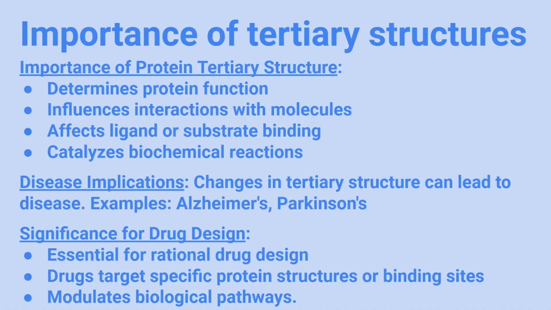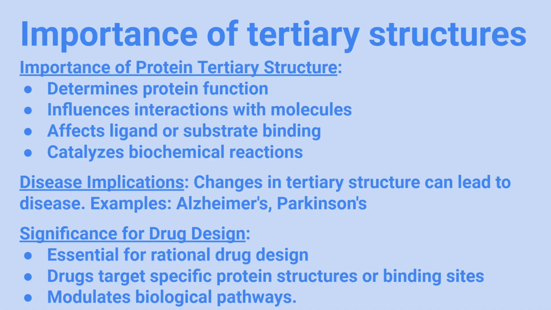So now, let's see the significance of protein tertiary structures. So, protein tertiary structure is critical for determining protein function, as it dictates the protein's ability to interact with other molecules, bind to ligands or substrates, and catalyze biochemical reactions.